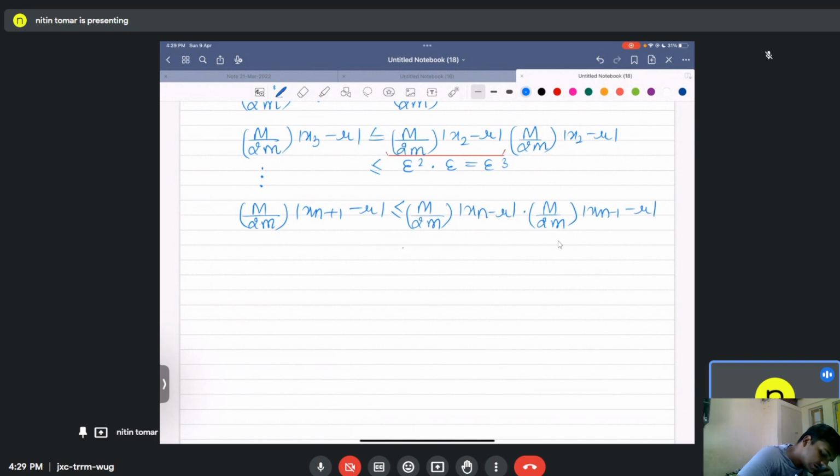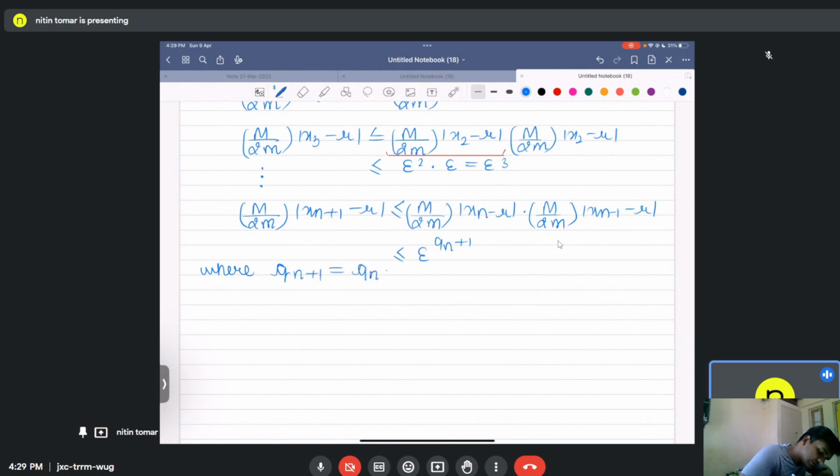So you keep on doing this and you will get some epsilon and some power of epsilon, where this q_n is obtained like this.